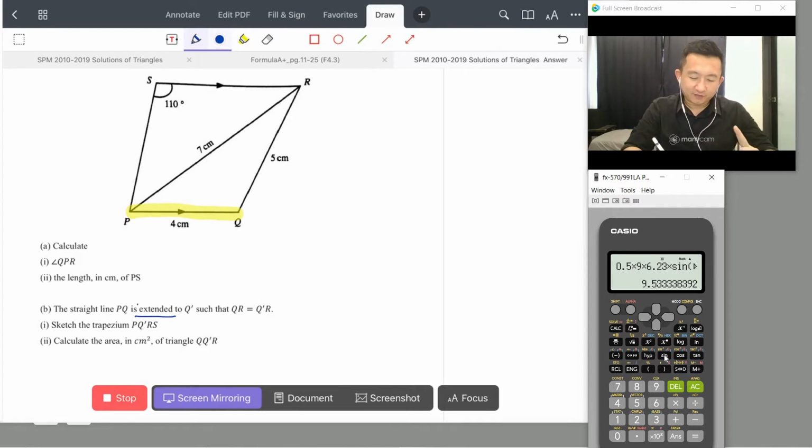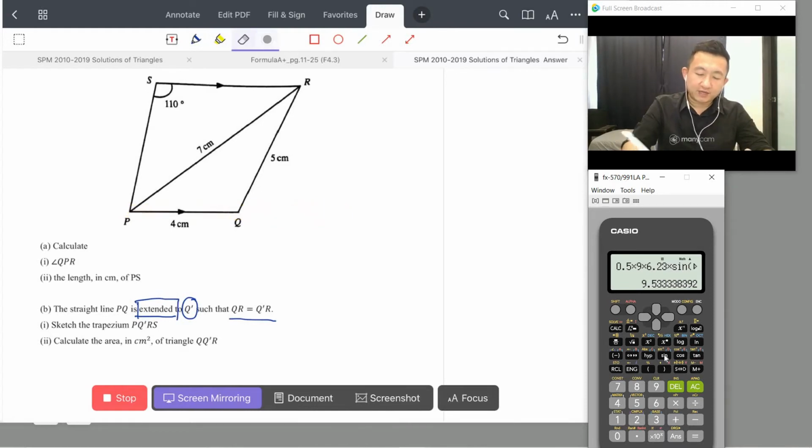You have another keyword here. Another way of asking: extended, to Q prime, a new point, such that QR equals Q prime R. This is still the same. So PQ is extended until you have a Q prime, and we are very familiar with this already.